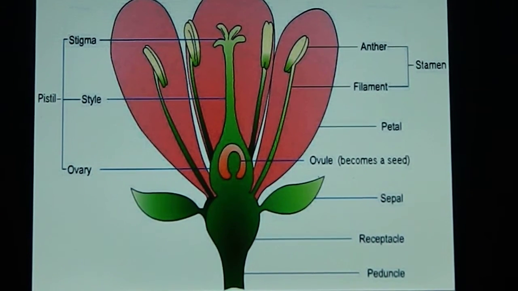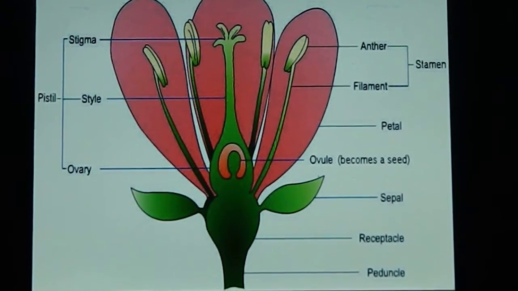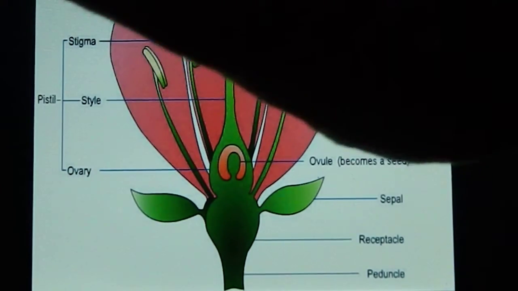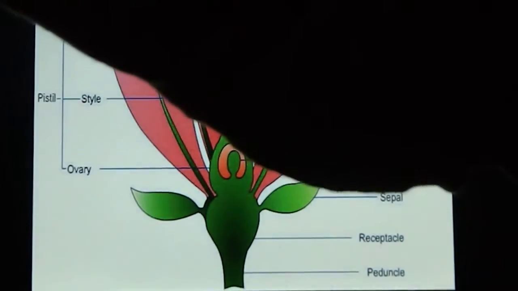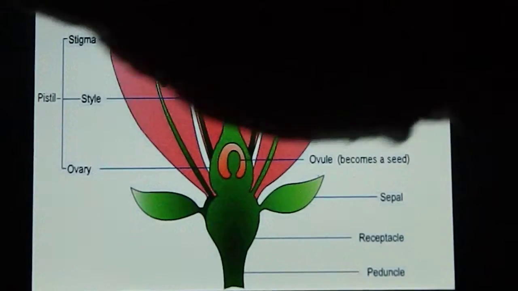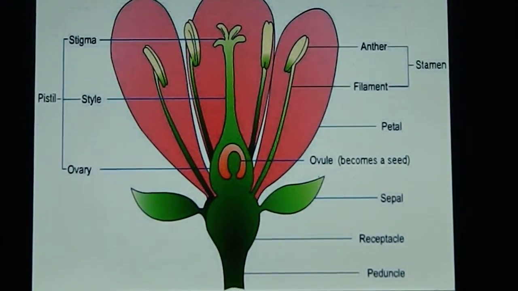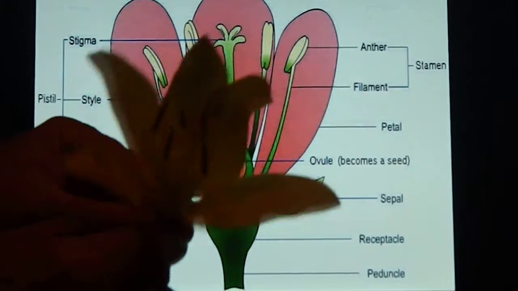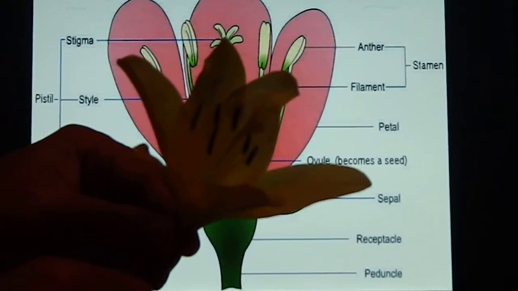Now, what I'm going to do is look at an actual flower real quick. And this is a lily. Now lilies, one thing about the lilies is their sepals are very much like the petals, all right?